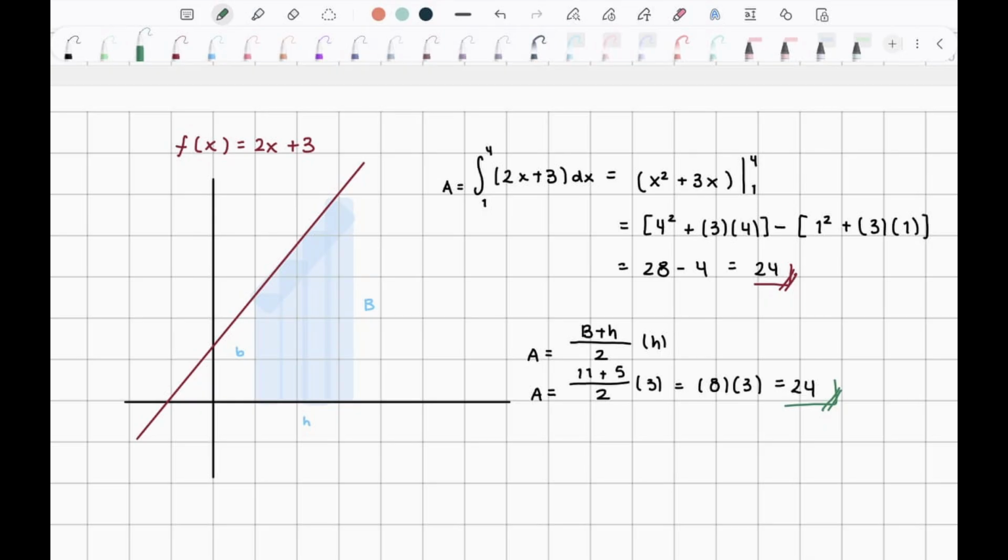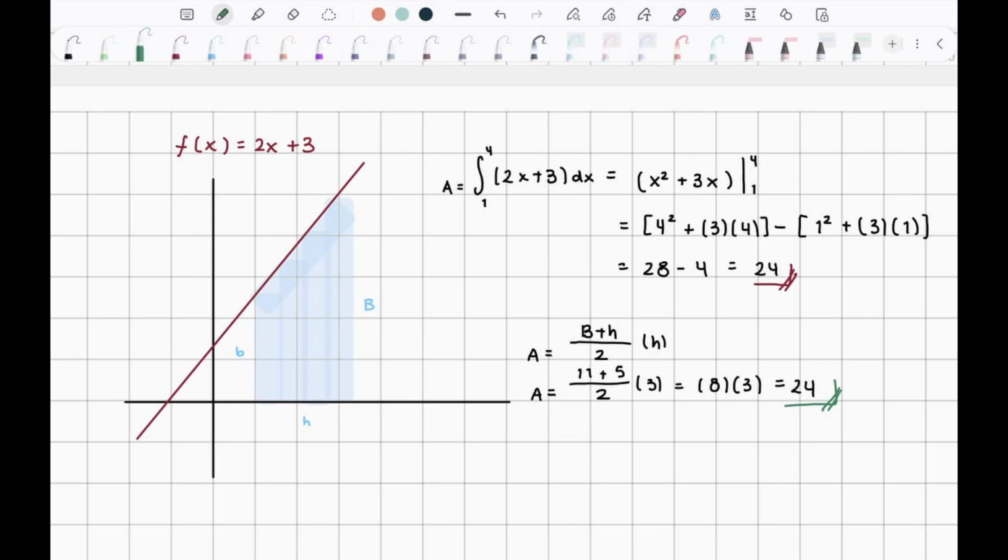What we will do is integrate from 1 to 4, which is the integration interval, the function f(x), which was 2x plus 3, with respect to x obviously, and then we do the integral here.